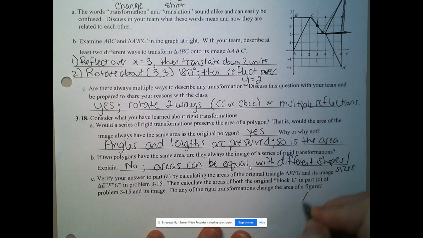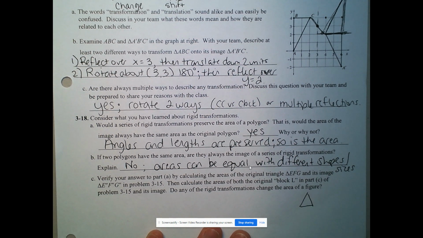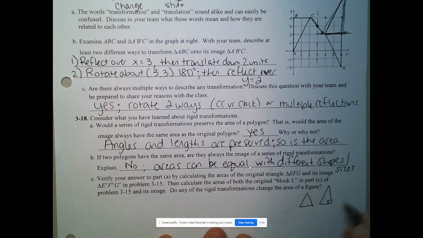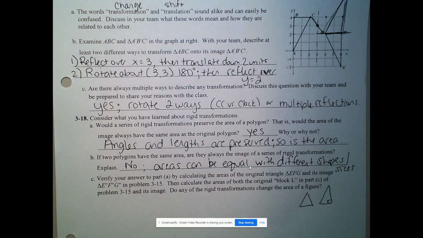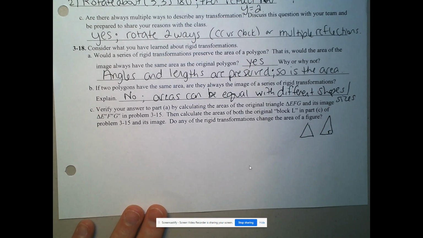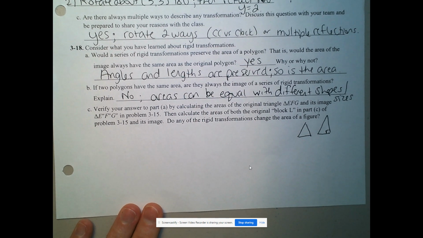For example, you could have a triangle that's shaped this way, and it could end up with the same area as a triangle that's shaped this way, where this one has a right angle and the other one doesn't. And that would not be a rigid transformation, because it hasn't maintained its angles. So no, even though area is preserved, that doesn't always mean that the polygons are images of each other.